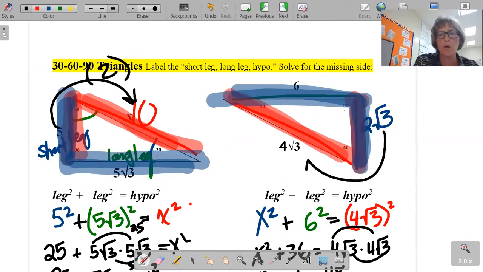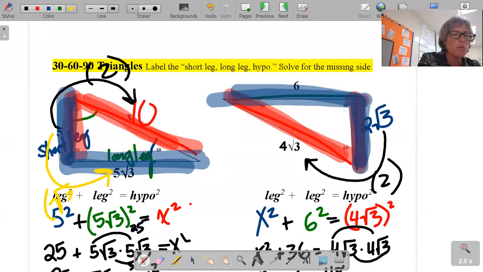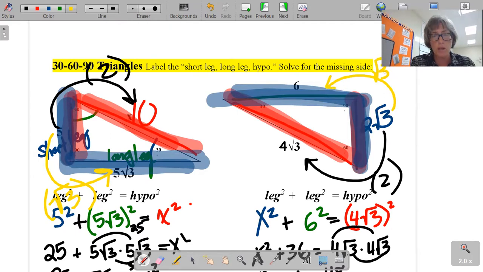Short leg to the hypo, times by 2. 2 root 3, 4 root 3. Short leg to the hypo, you times by 2. Short leg to long leg, you times by root 3. 5 times root 3 is 5 root 3. 2 root 3 times root 3 is 6. So short leg, hypo times by 2, short leg, long leg times by root 3.